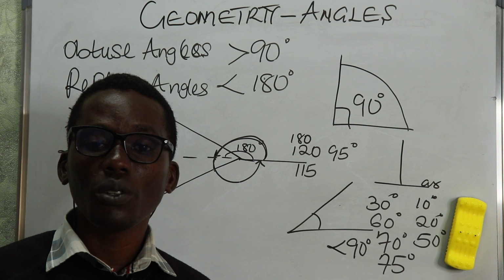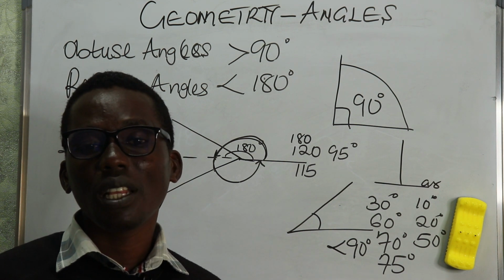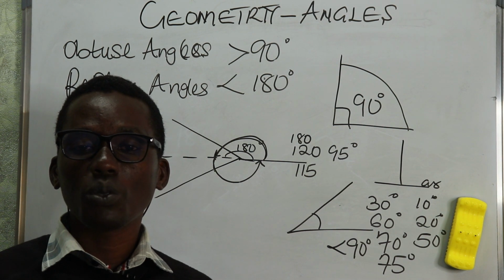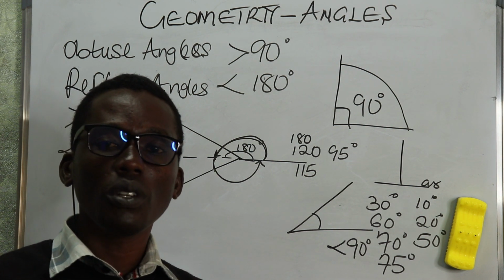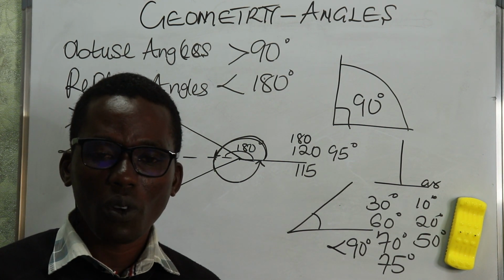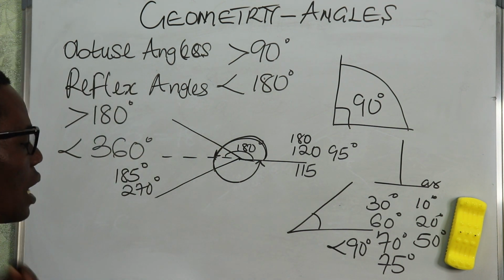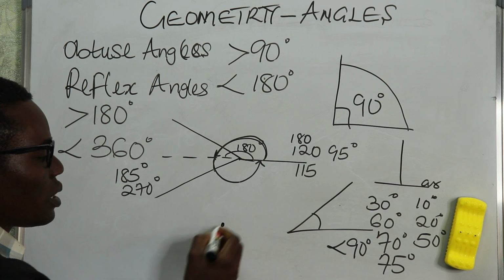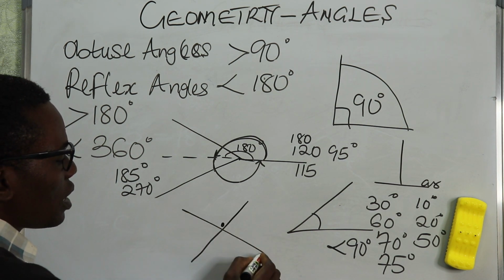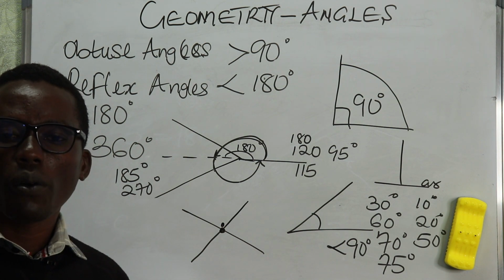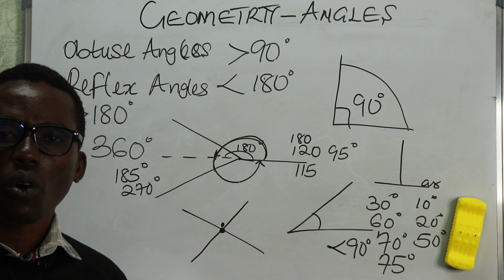Adjacent angles can be angles on a straight line too, and when adjacent angles are found on a straight line, they add up to give what? 180. The next thing we want to talk about is angles at a point. When lines meet, as we said, they form what? They form angles. Angles at a point sum up to give what?